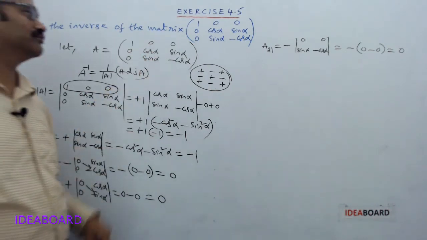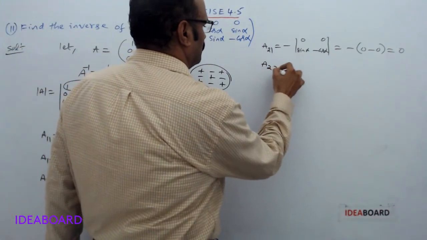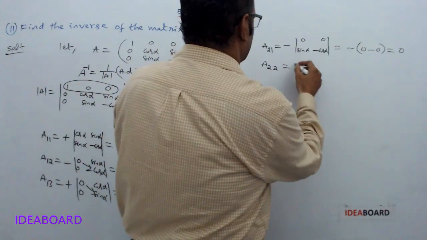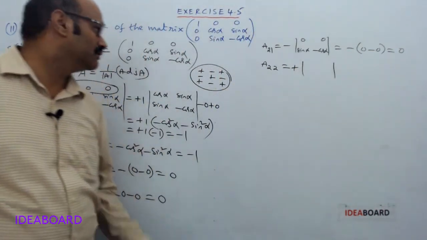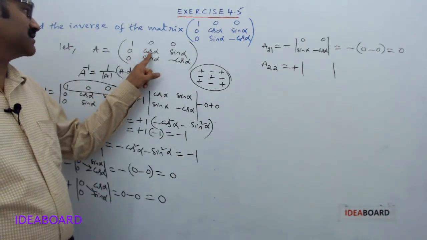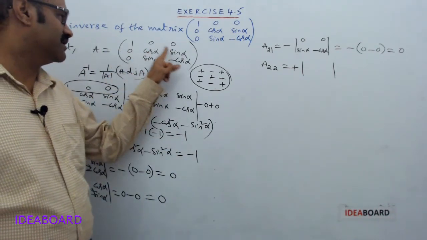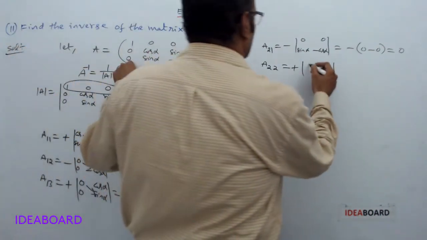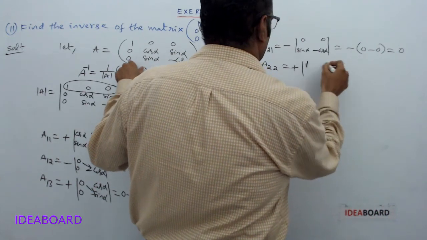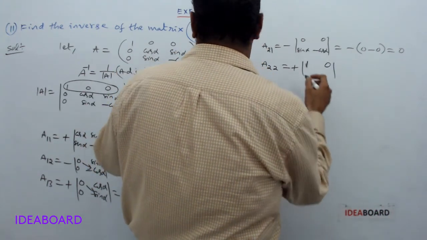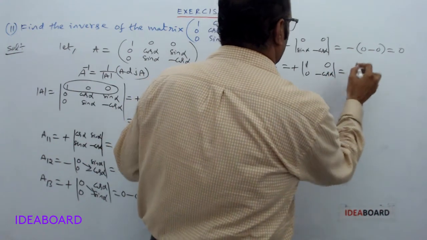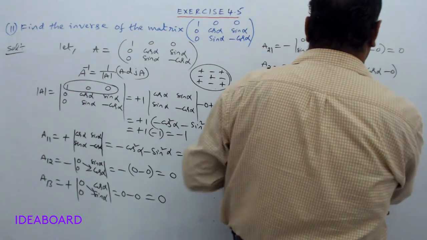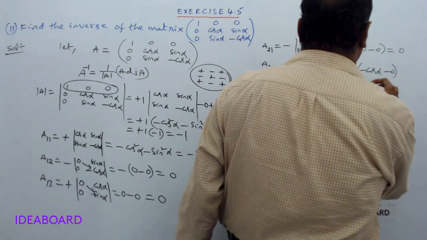Next A22, second row and second column, we have the sign plus. The element cos alpha lies there. Closing the second row and column, the remaining elements are 1, 0, 0, minus cos alpha, which equals plus of minus cos alpha minus 0 equals minus cos alpha.